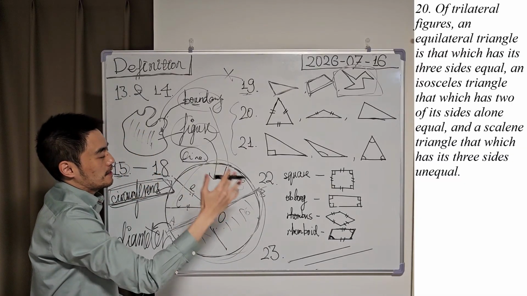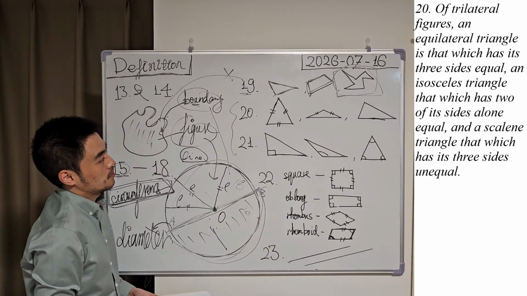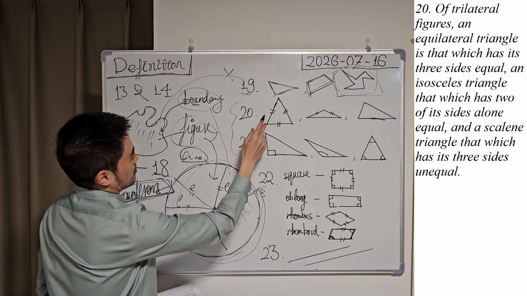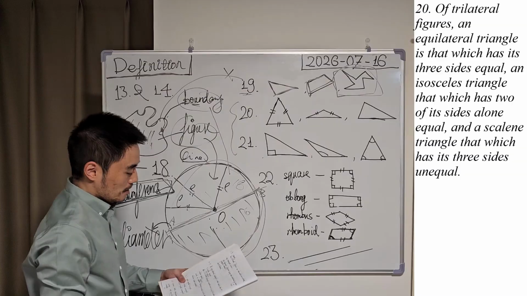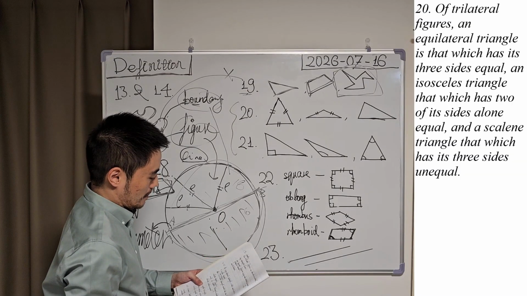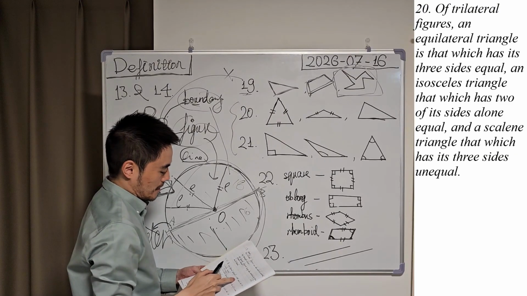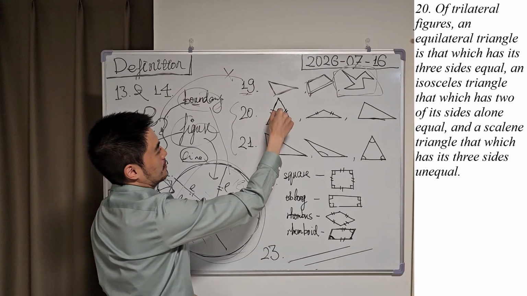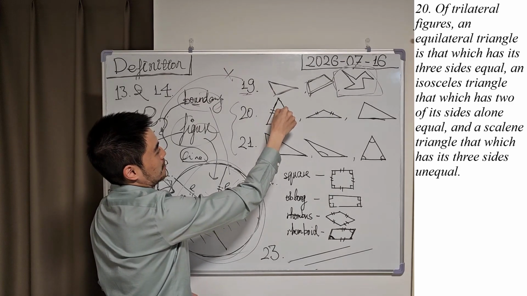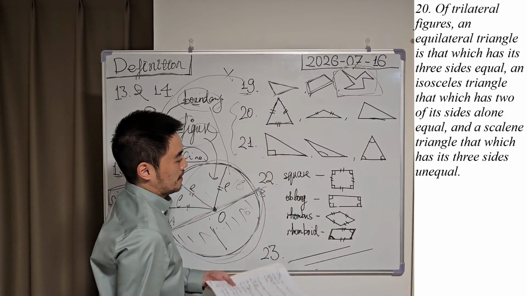Okay, and then let's move to definitions 20 and 21. They are defining some specific triangles with respect to side and angle. Definition 20 says that an equilateral triangle is that which has its 3 sides equal. You can see side 1 equals side 2 equals side 3, so it is an equilateral triangle.